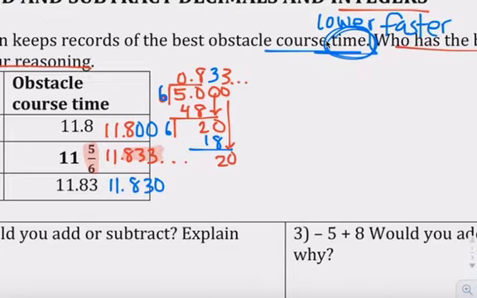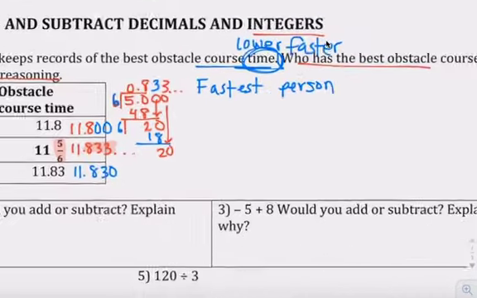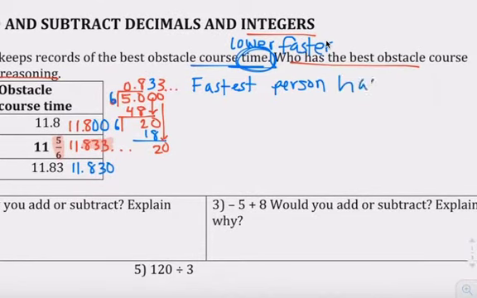So the fastest person, put here, the fastest person has the lowest time. The fastest person has the best time.